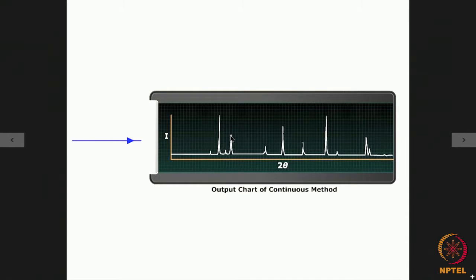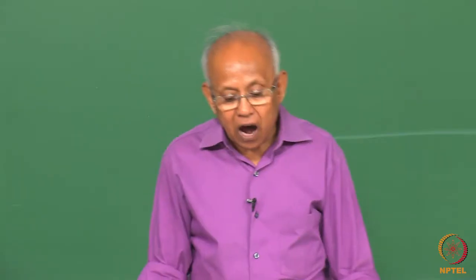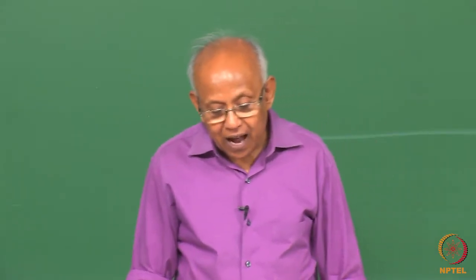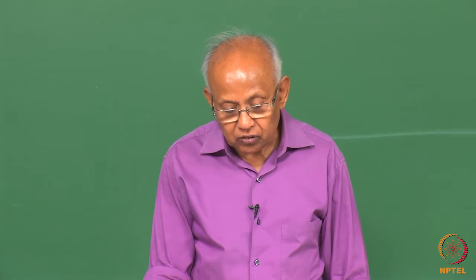What you see here as lines in this pattern are the same lines which you observe on a photographic film in a Debye-Scherrer or a focusing camera. But here you do not have to plot the total intensity of the lines versus 2 theta as we have to do in the photographic method. Here we get the output directly as I versus 2 theta plots.